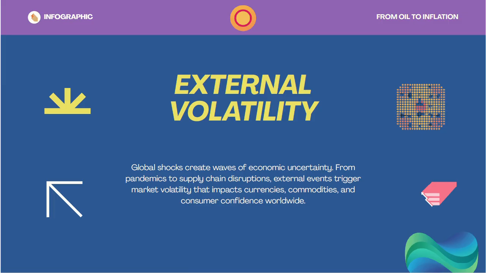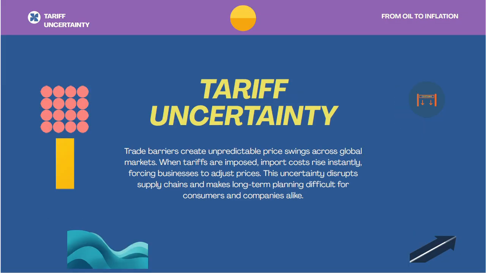These impact currencies, commodities, and consumer confidence worldwide. Next, we have tariff uncertainty, that is tariff related uncertainties. When countries increase tariffs, imports become expensive, trade slows down and prices fluctuate.